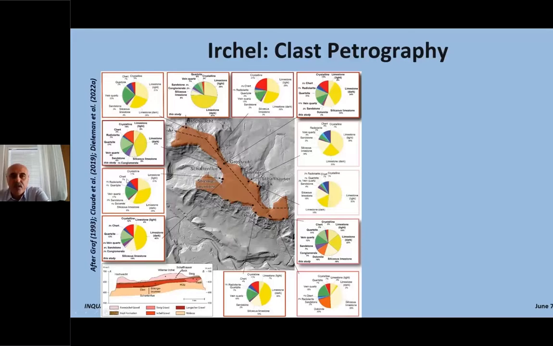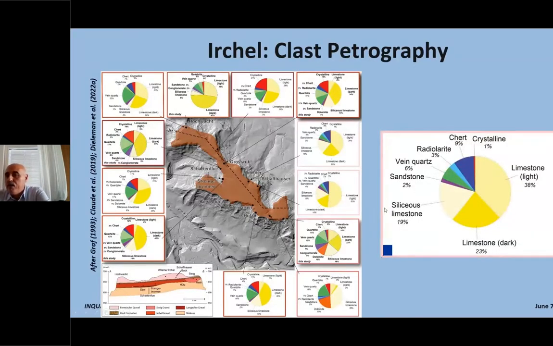First of all, clast petrography: our PhD students Claude and Katerina Dieleman made lots of measurements at different locations. Of course, they are too small, but if you summarize, there is one lithostratigraphical unit which has almost no crystalline components.